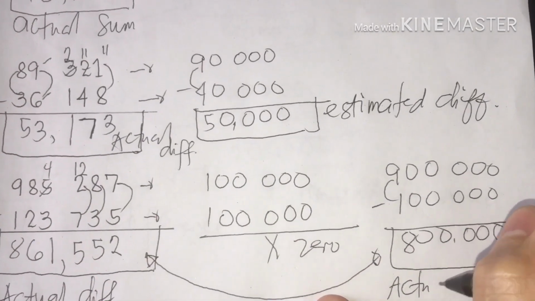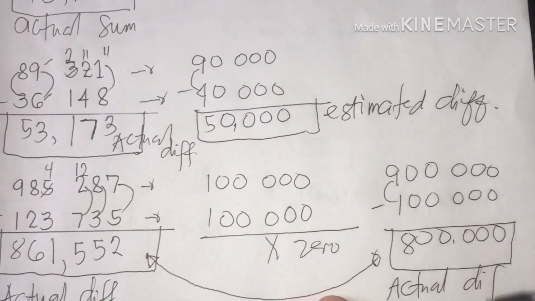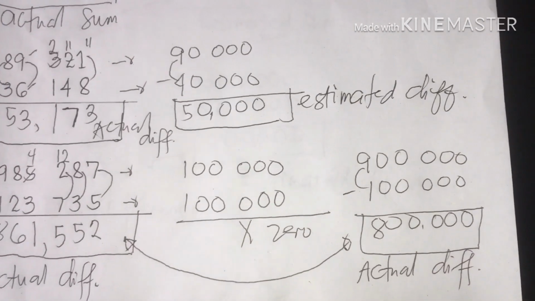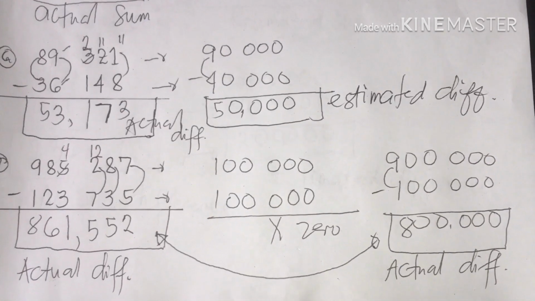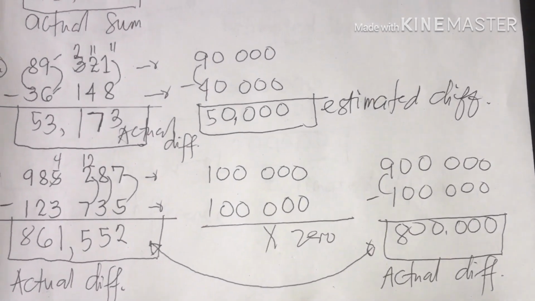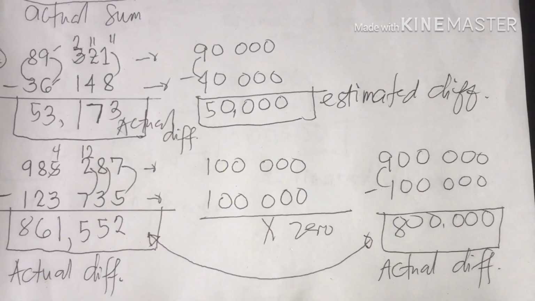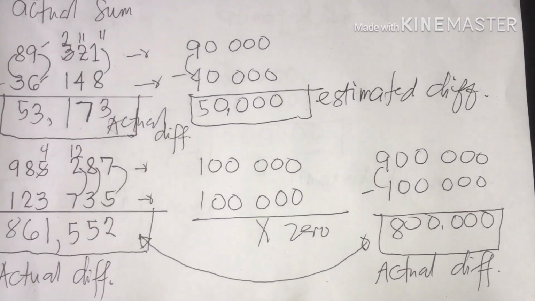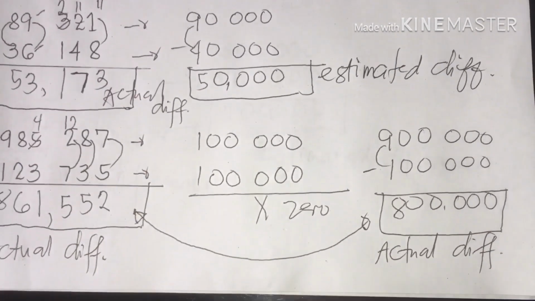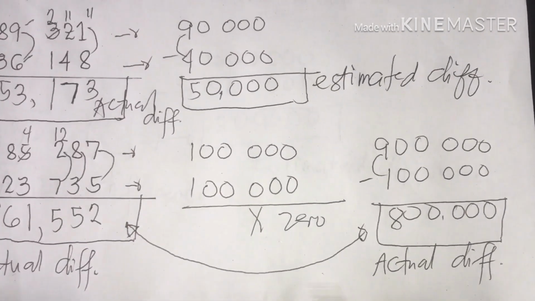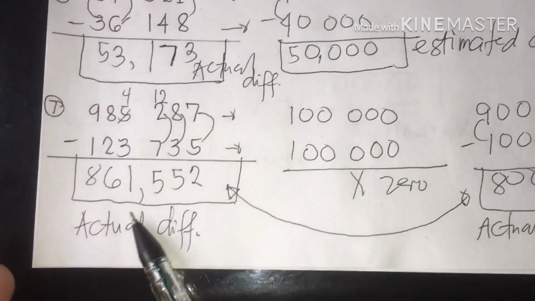So no need to feel afraid that your answer is incorrect. Why class? This is a certain case or rare case also that there are some given equations from our teachers that we might do another way, just like in number 7. We break the rules in estimating differences. So as we have seen class, it's nearly 800,000 to 861,000.